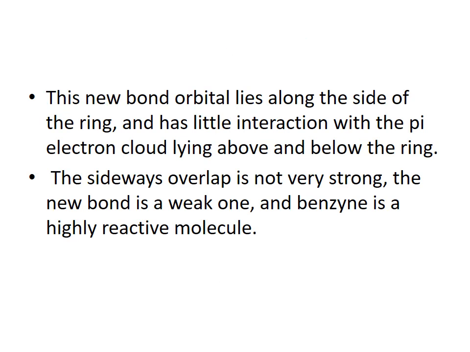The new bond orbital lies along the side of the ring, and it will not interact with the pi electron cloud lying above and below the plane of the benzene ring. This sideways overlap is not a very strong bond. The new bond is a weak bond, and benzyne is a highly reactive molecule.